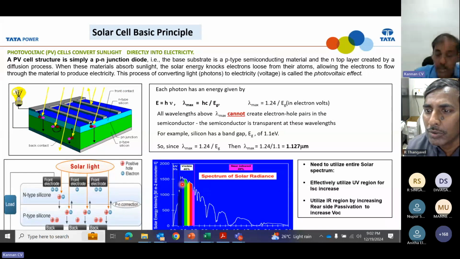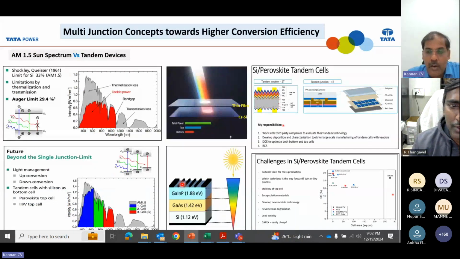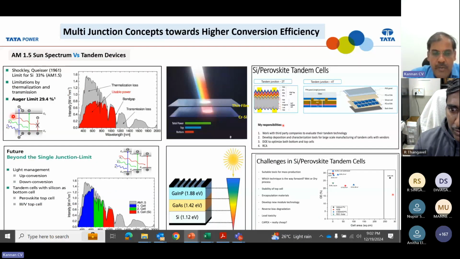When we talk about silicon, we are talking about only a single junction, the PN junction, because this slide is very important. With this slide I will stop. This is the sun spectrum, right?